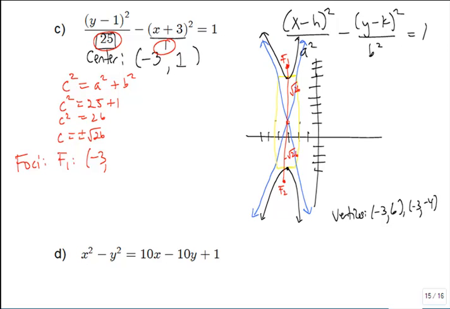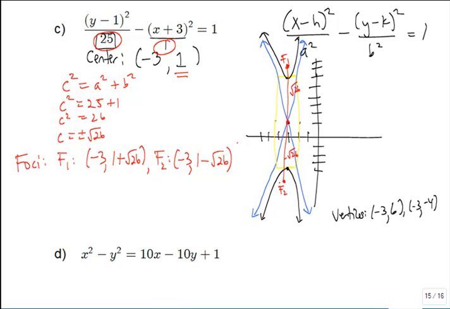The y coordinate of our center was 1, and what we're going to do to get our foci is we're going to add square root of 26 to that value. So the new y coordinate would be 1 plus square root of 26. Then to get F2, we're still not changing x, it's still at -3, but this time we're going to take this center point 1 and we're going to subtract square root of 26 from it to find out how low this second foci point should be.